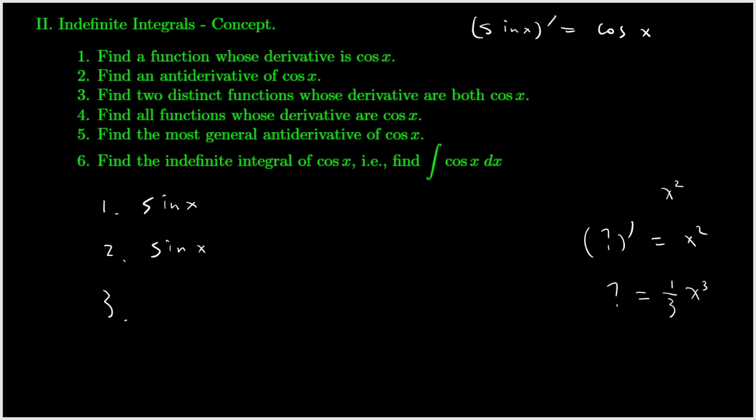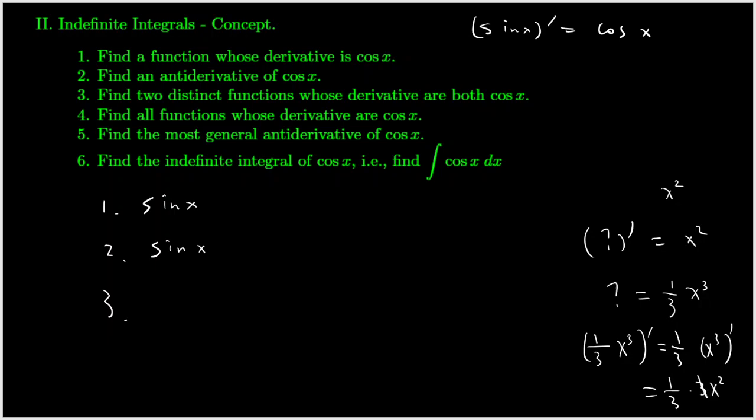Now let's try to verify that. You take the derivative of 1/3 times x cubed. You leave out the constant 1/3, and then you take the derivative of x cubed. So you have 1/3 times the derivative of x cubed, which is 3 times x squared.